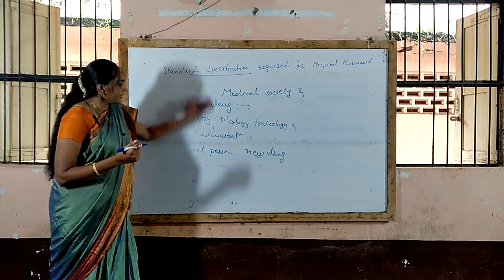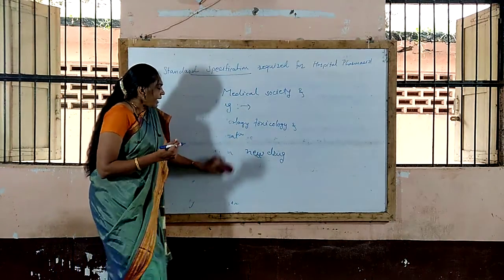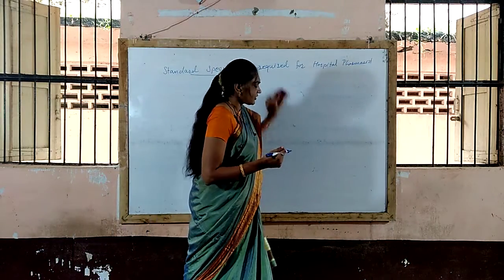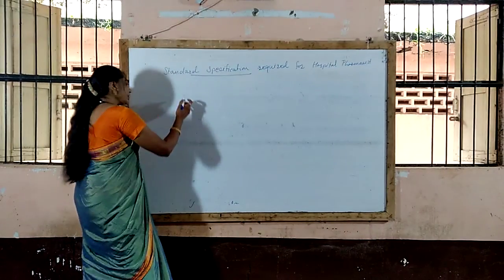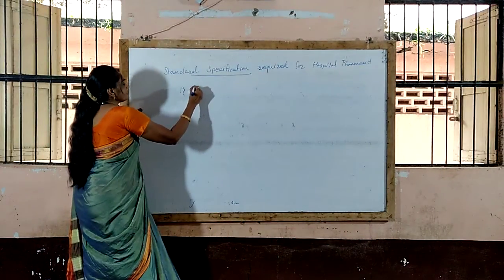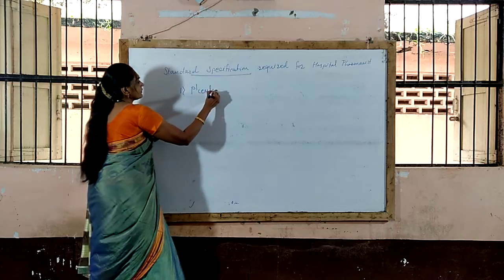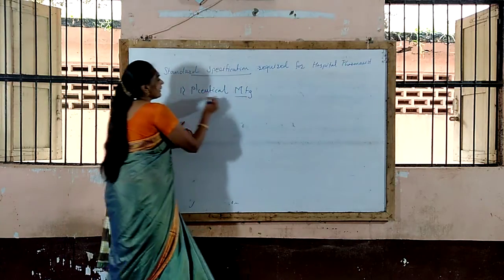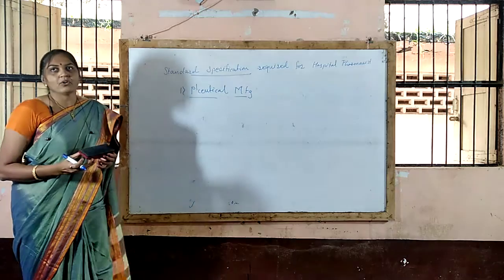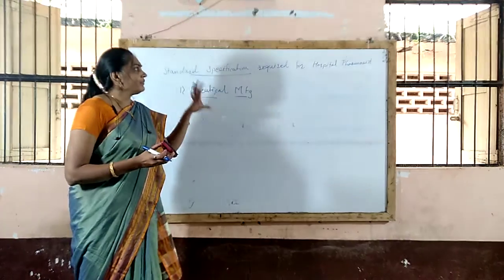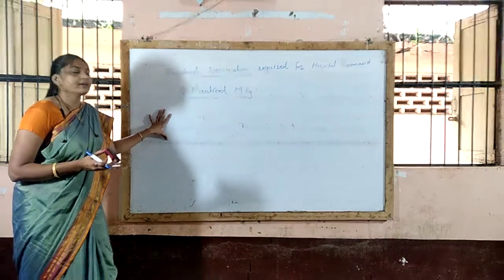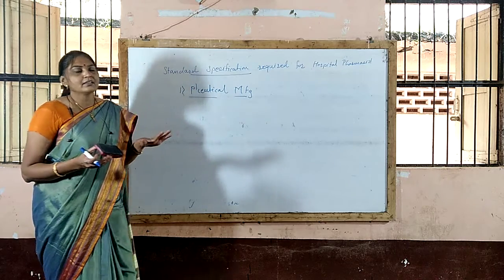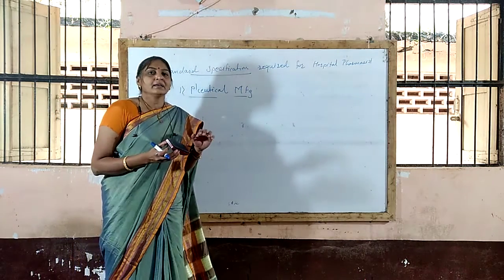Next is, second is ability to conduct and control pharmaceutical manufacturing inside the hospital pharmacy. Depending upon the size of hospital pharmacy, number of patients that are acquired inside the hospital, manufacturing of the drug inside the hospital will be carried out.